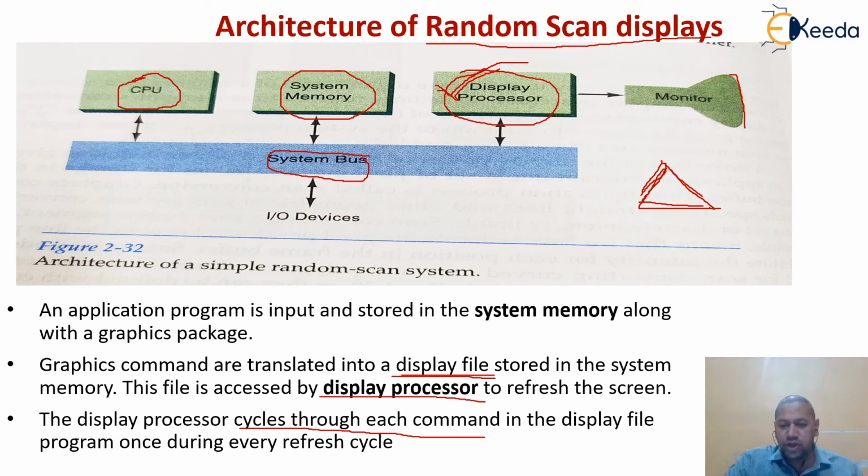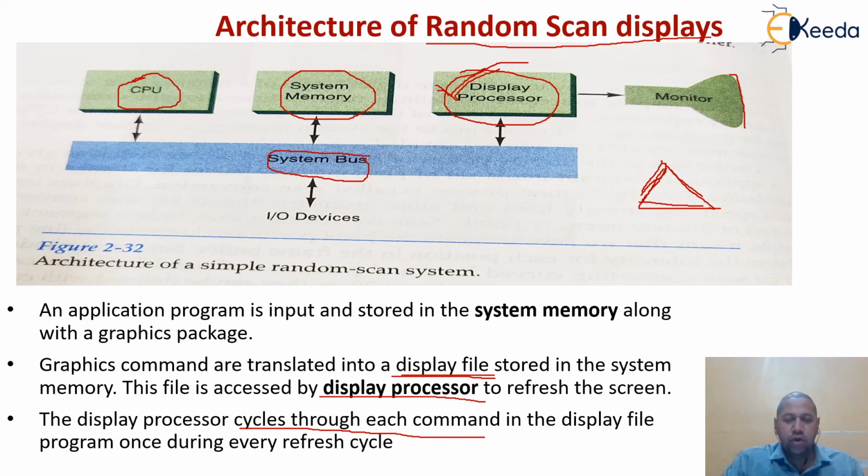Once this is over, it refreshes again by drawing the same lines one by one. In one refresh cycle it draws all these 3 lines, and in the next refresh cycle it again draws all these lines, and so on. That is why I said the drawing speed of the random scan display is higher as compared to the raster scan display.